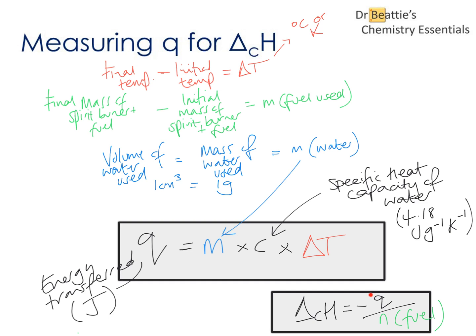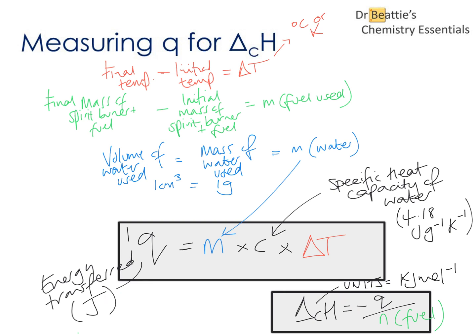What you will notice is Q here is in joules. Now, delta CH, or any enthalpy, is given in a different set of units, and that is in kilojoules per mole. So the data that generates from this first equation is in joules. Before we can input it into this equation, we need to take that joules and make it into kilojoules.